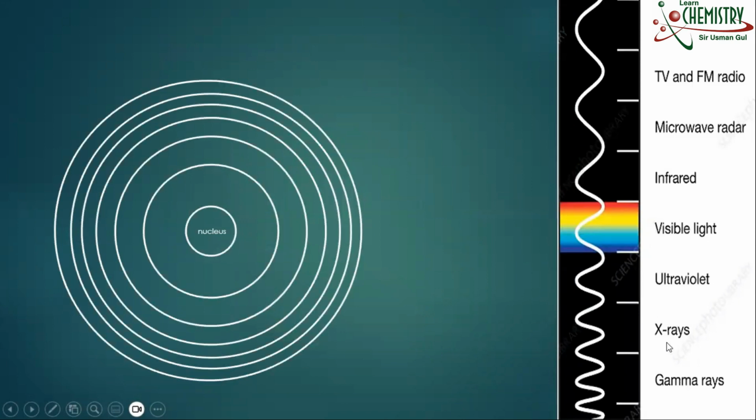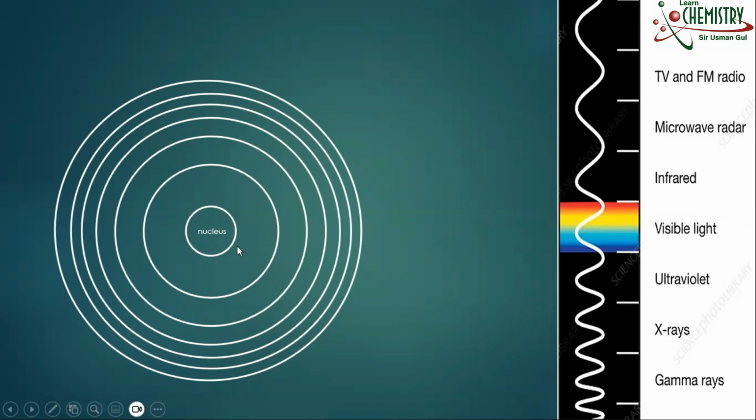Basically, let's suppose we have the whole range of the electromagnetic spectrum. I am showing this diagram in which the lowest wavelength is at the bottom, and the highest, or longest, wavelength is at the top.